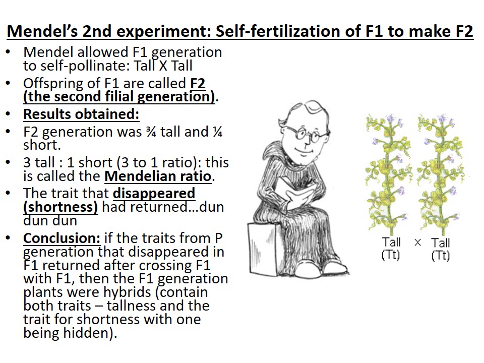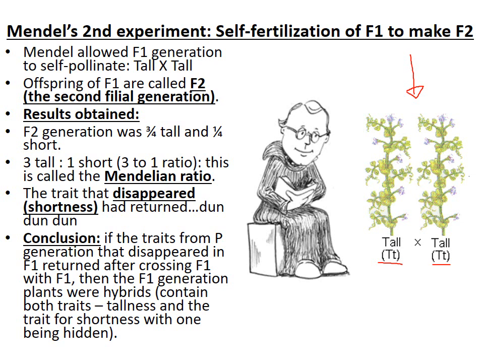Mendel wasn't done yet. He then decided to take the F1 generation and cross them together. So he took an F1 plant, big T little t, crossed it with itself or maybe another F1 plant, big T little t, and he then analyzed the results and saw something quite interesting. The trait that had disappeared had actually returned.